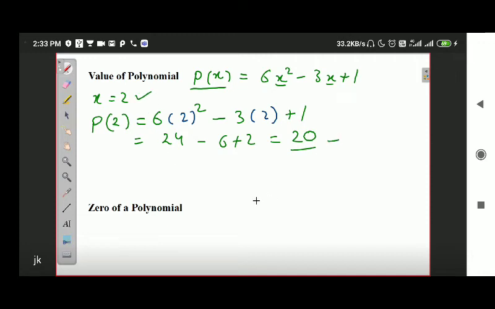Okay, next is the 0 of the polynomial. 0 of a polynomial is that value of x for which the value of the polynomial is 0.